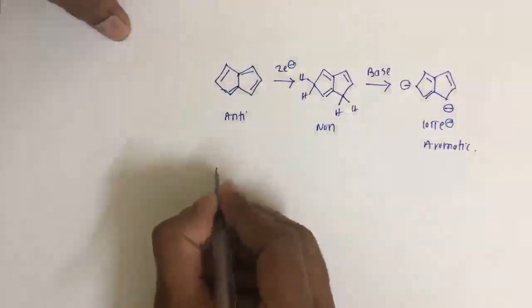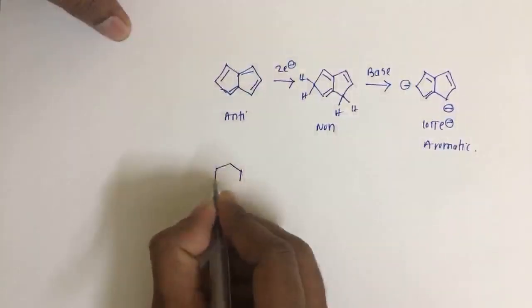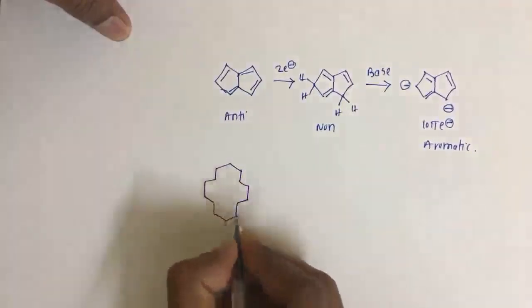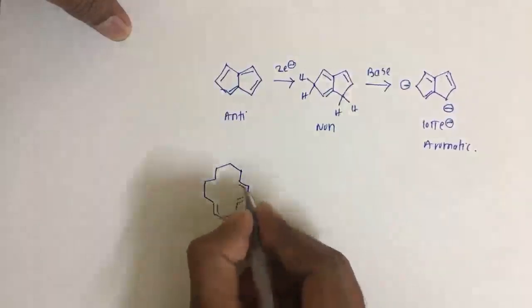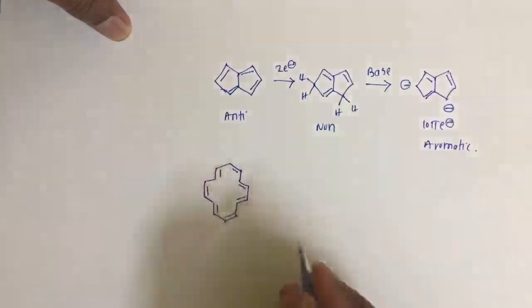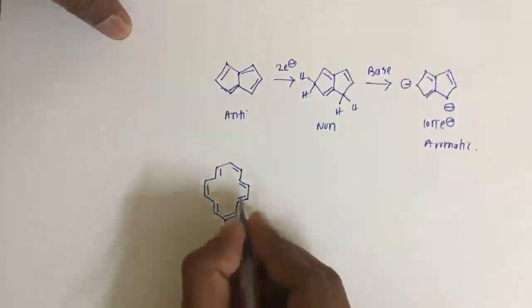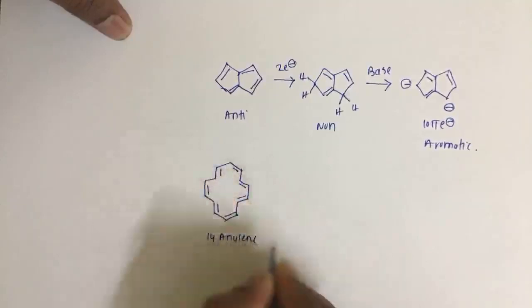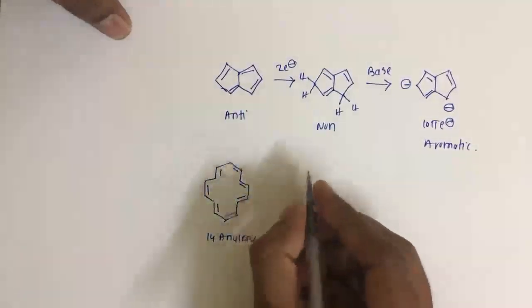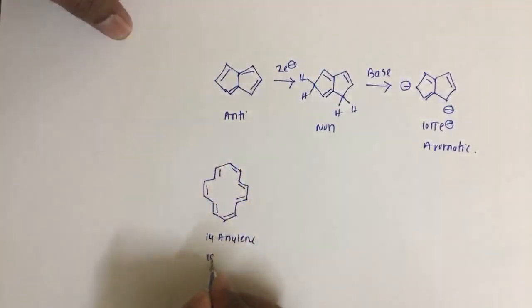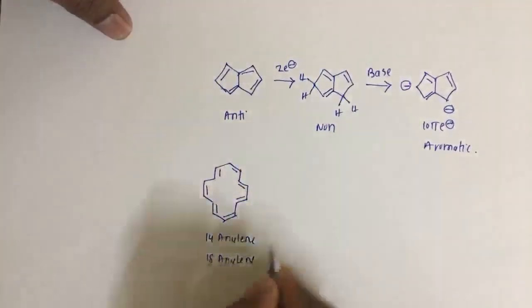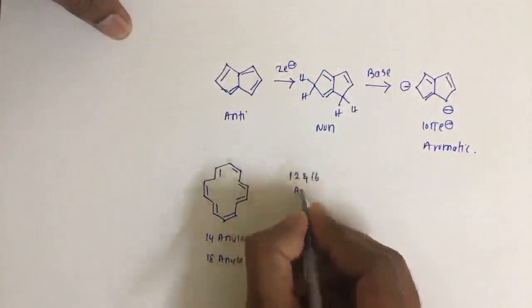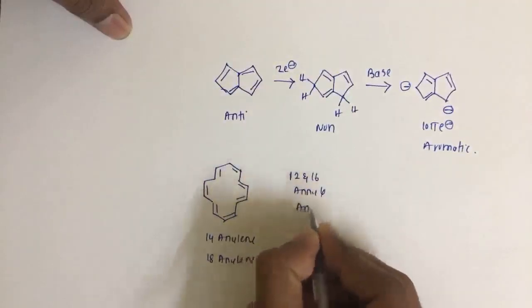Then annulenes, we will take annulenes. The 14 annulene and 18 annulene are aromatic, and 12 annulene and 16 annulene are anti-aromatic.